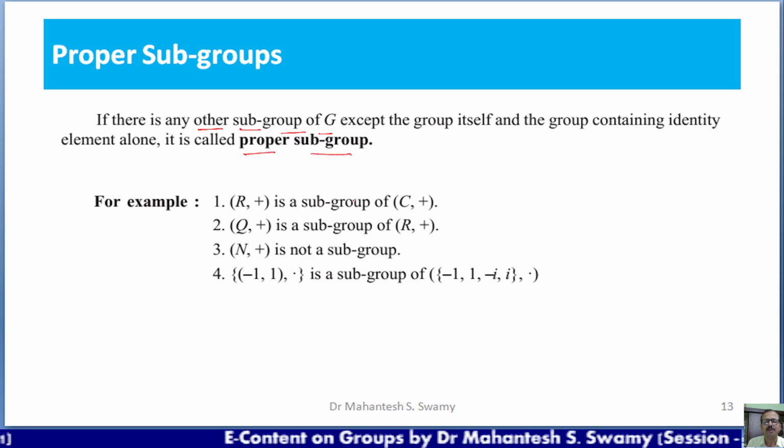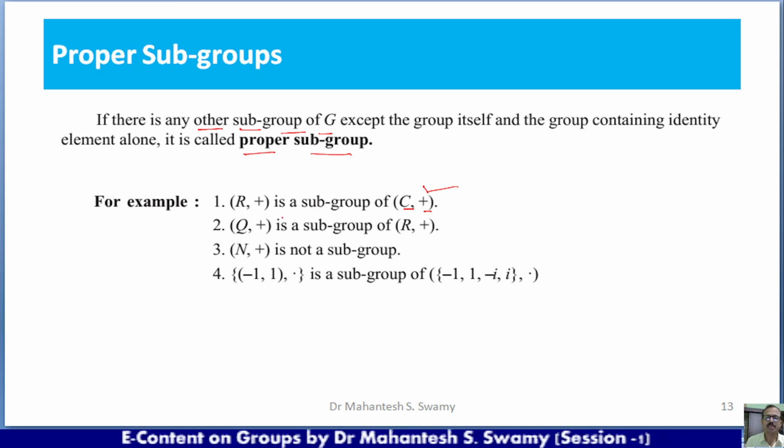For example, consider the group C, that is the set of complex numbers with binary operation addition. This is a group we have already shown in the example section. Now, the set of reals together with addition is also a group.